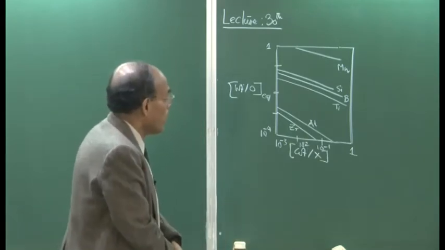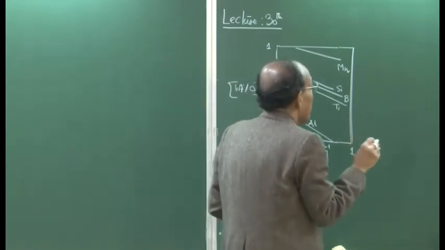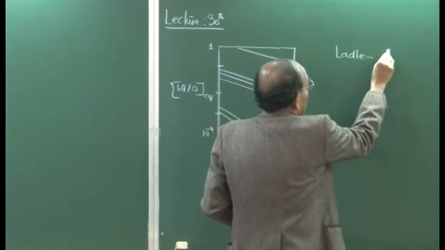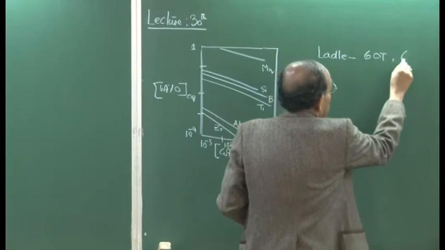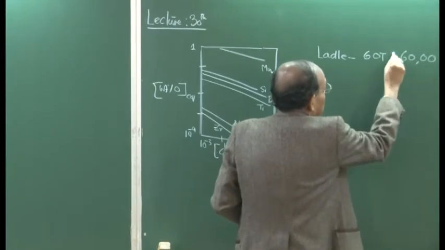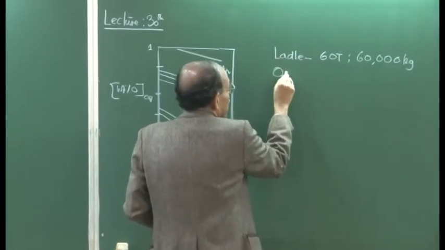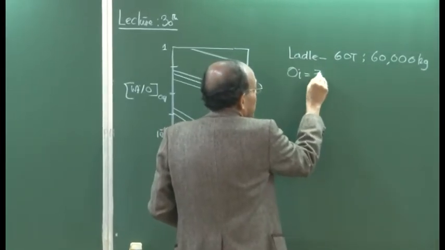Let us take a case and let us say that we have a ladle, a small ladle. How much? We have a 60 ton capacity ladle, which is about 60,000 kg. Let us say oxygen initial is about 700 ppm.